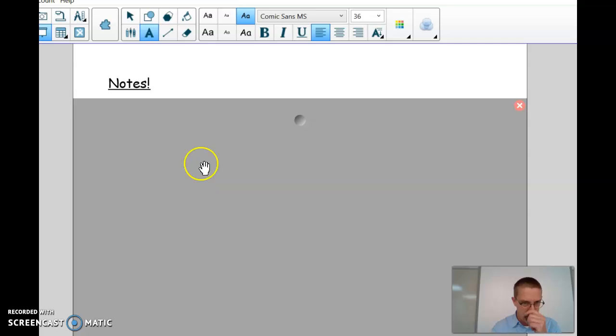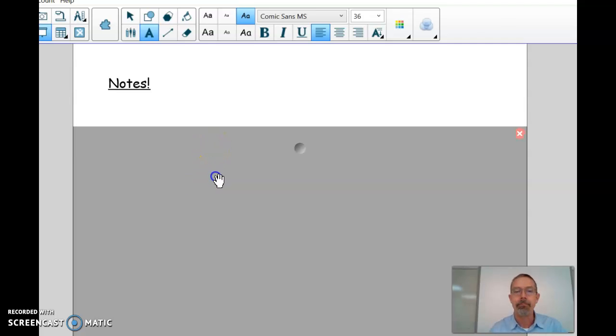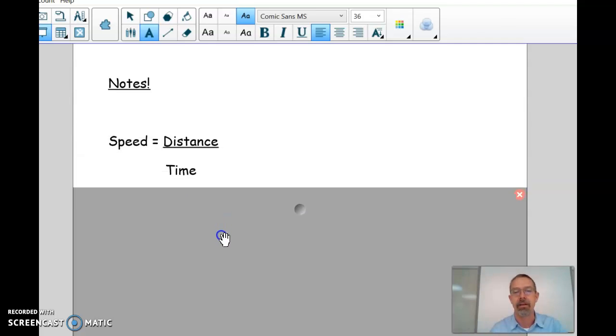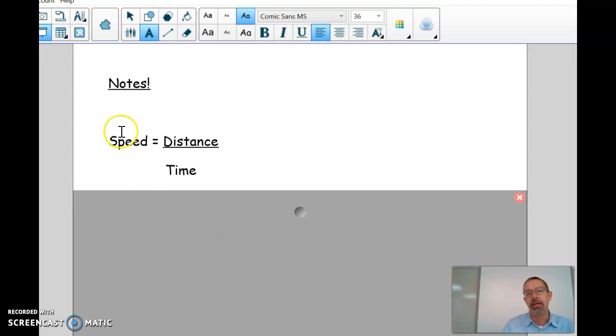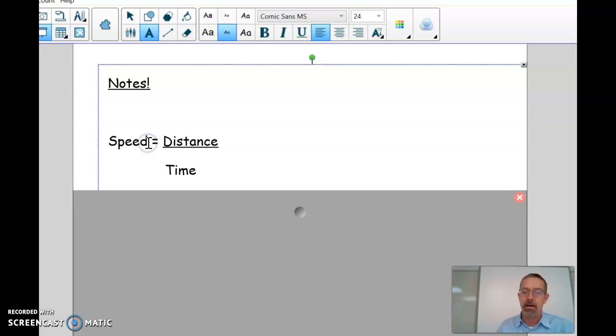So, with velocity, and we've hinted at this with some of our graphing, we're going to incorporate speed equals distance divided by time. I'm going to cheat here, and I'm going to say that velocity, even though you know better, equals distance divided by time. It's just going to work easier for some of the things that we're going to be doing here.